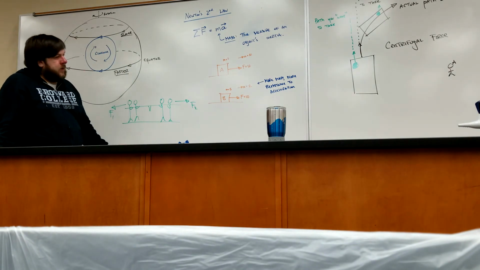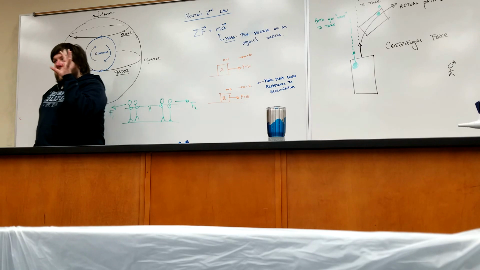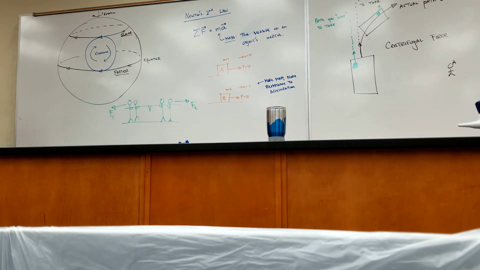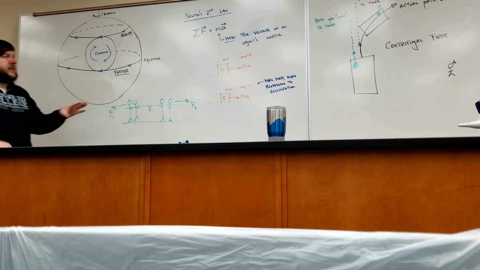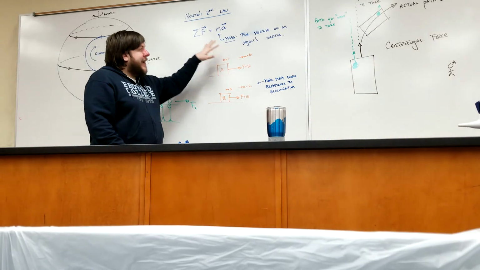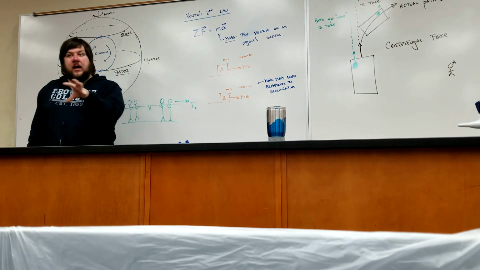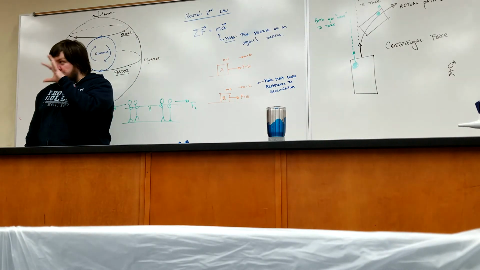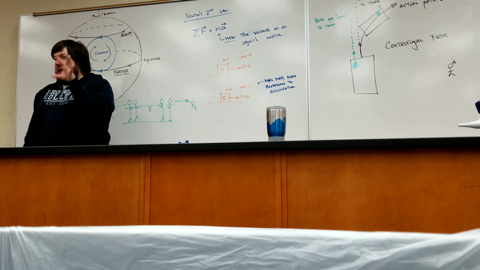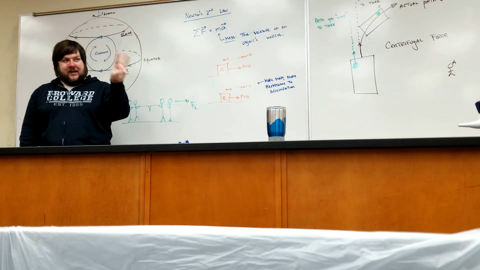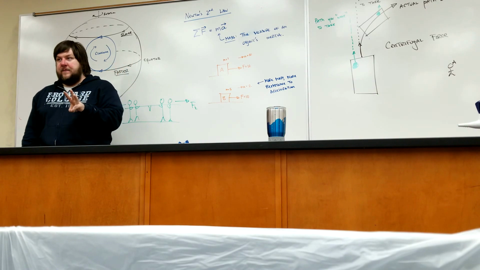Okay? The thing that determines the amount of mass an object has, not what mass is, but how much mass an object has. I don't want you guys to confuse these. What mass is, is a measure of an object's inertia. How much mass an object has is directly related to how many protons, neutrons, and electrons that object is made out of.